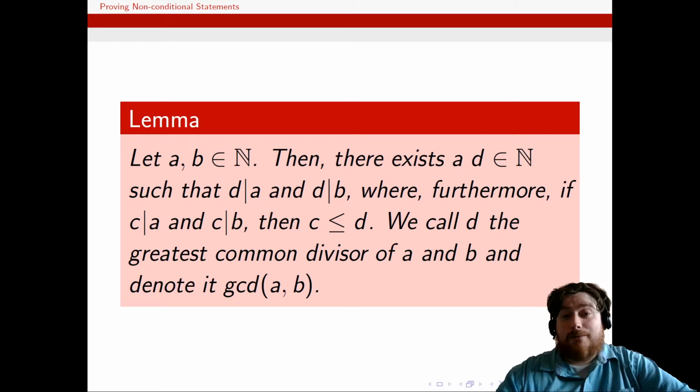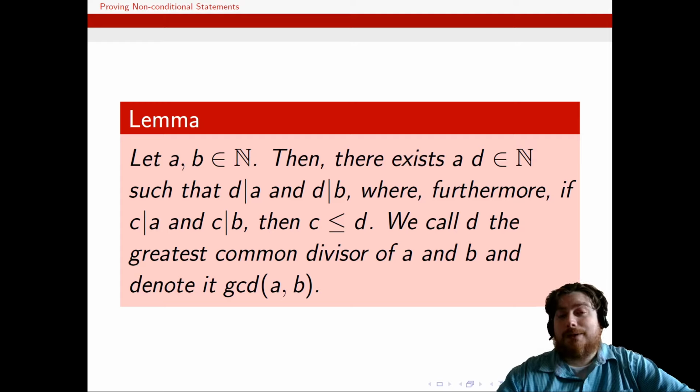So the greatest common divisor is, let's suppose we have natural numbers a and b. I'm going to say that there exists a d such that d divides a and d divides b. So that means that d is a common divisor of a and b.